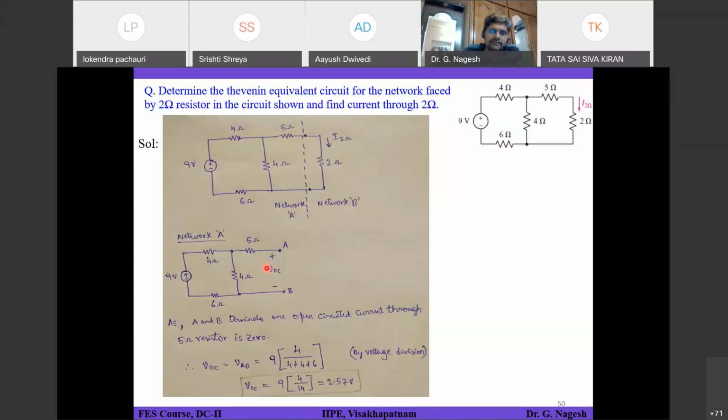Will the result be the same? You mean whether our process is correct or wrong, right? But the 5 ohm resistor effect actually comes in when calculating RTH. When you calculate RTH, this 5 ohm is taken into account.